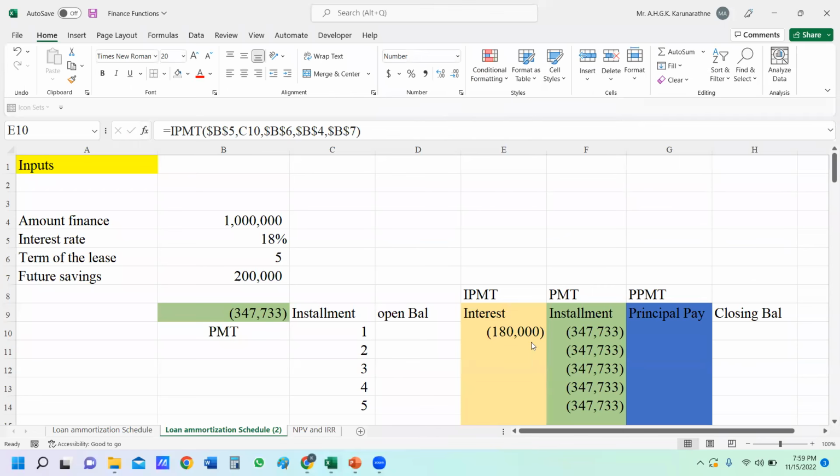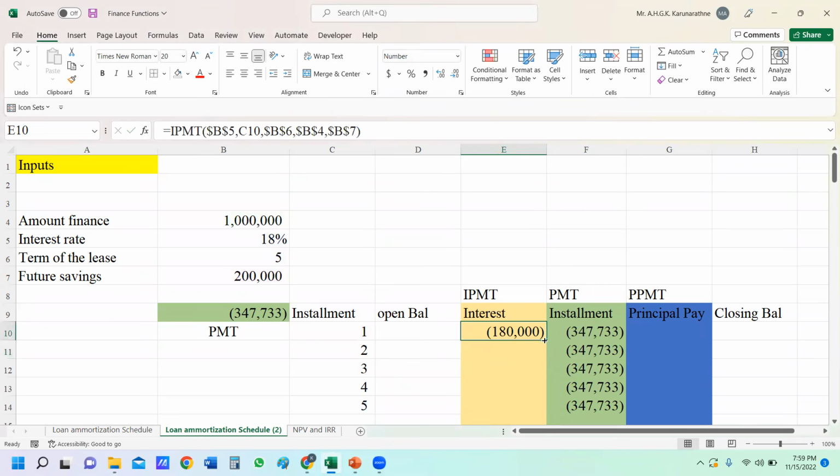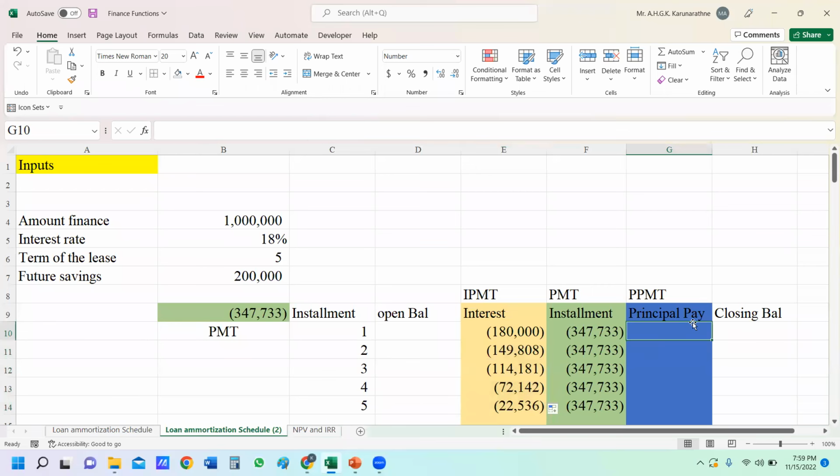Okay, right. Now copy it to the rest of the part. Then the principal payment. Actually, if you want, you can get the principal payment by taking the difference. But if you are asked to use the Excel inbuilt formula, you need to apply the formula.